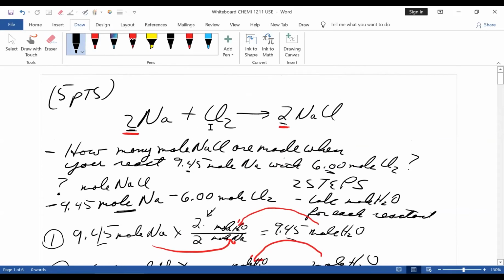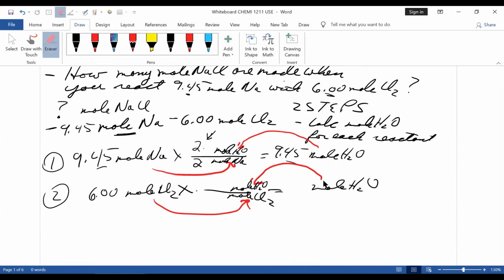We come up here and notice for every 1 mole of chlorine, you make 2 moles of sodium chloride. Oops, where did I get water? Somebody should have corrected me. I got water on the brain, I think.